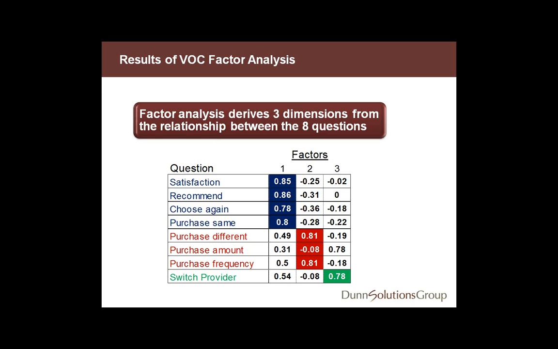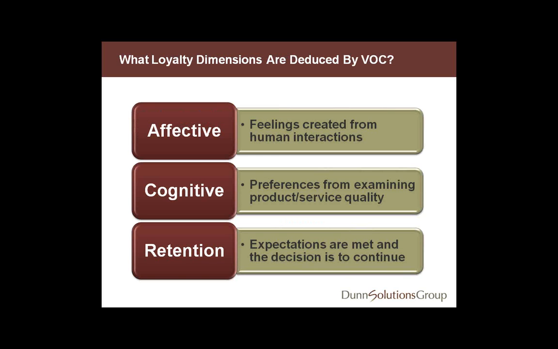So now that we have 3 distinct groups based upon these 8 questions, let's define them as dimensions of loyalty, and let's give each of them a name. The questions in the first category appear to reference emotions and feelings. I labeled it as affective.